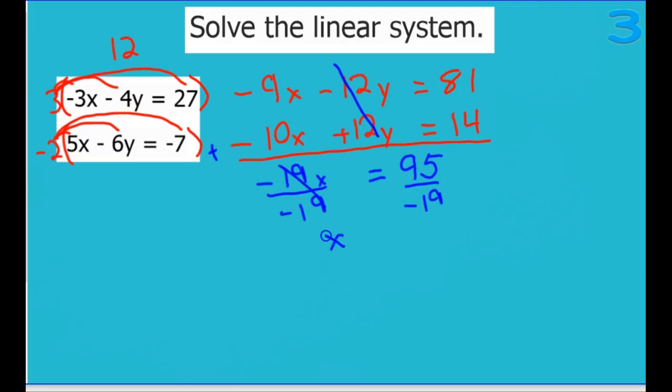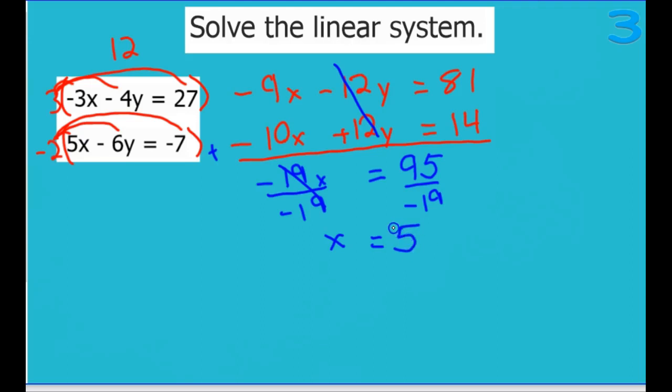And what we get is, pull out your calculator, 95 divided by -19 comes out to be 5. So our x equals 5.